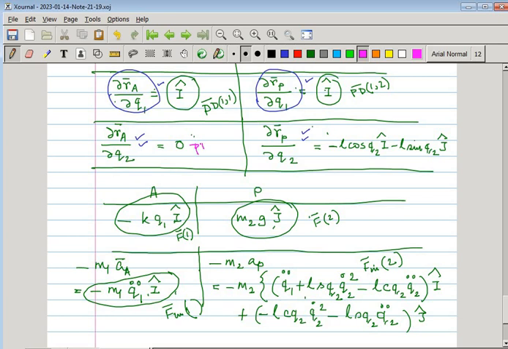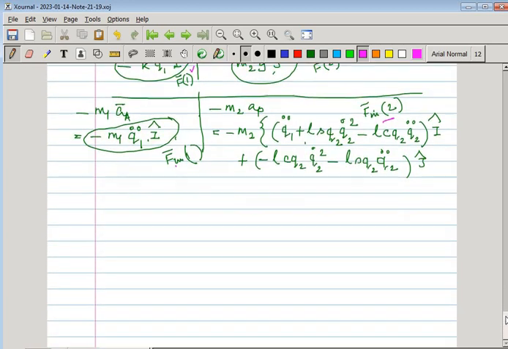PD 21 multiplied by F1 plus PD 22 multiplied by F2 plus PD 21 multiplied by F in 1 plus PD 22 multiplied by F in 2 equal to 0 gives you the second equation.